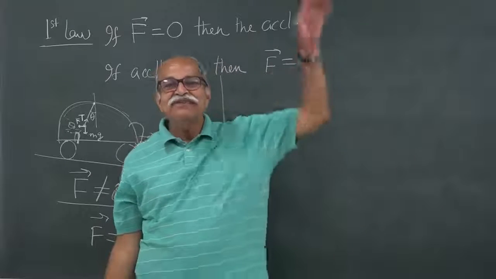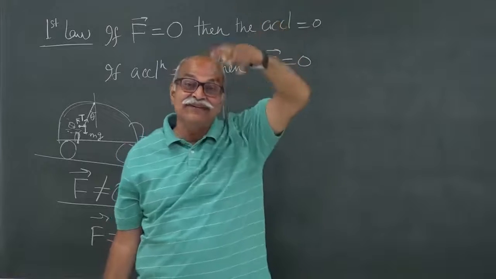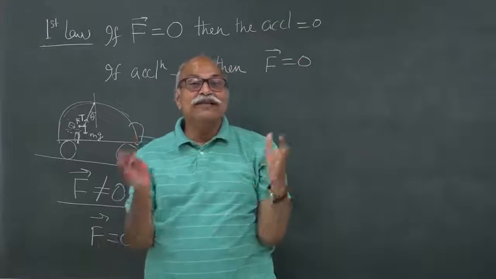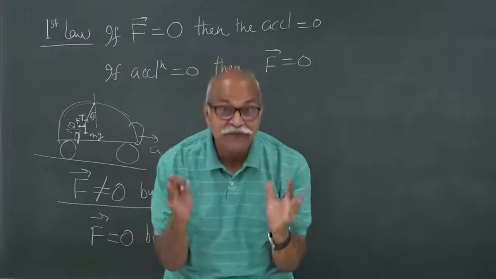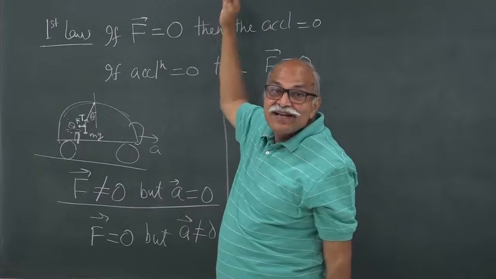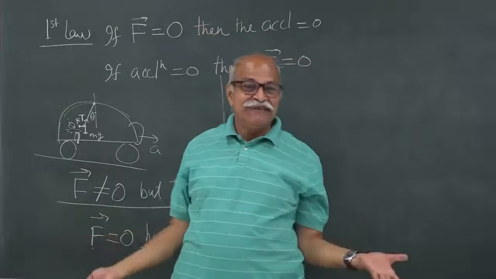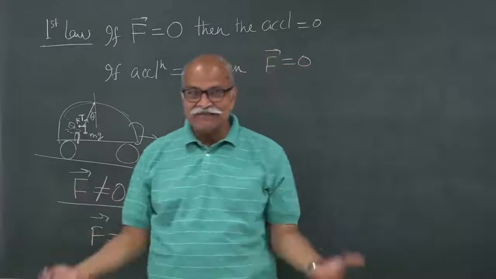So essentially what Newton's first law is doing is classifying that there are at least some frames in which this holds, and we call them inertial frames of reference. We generally live on the earth.